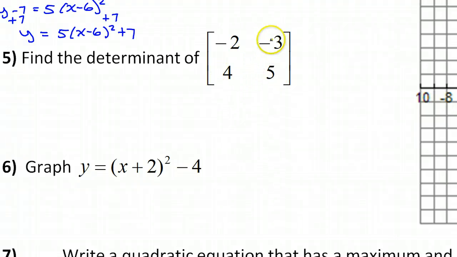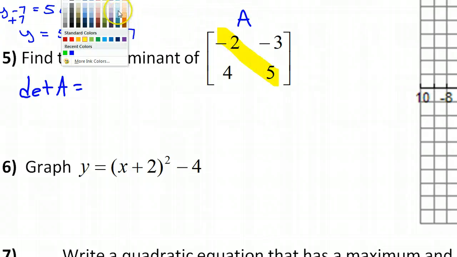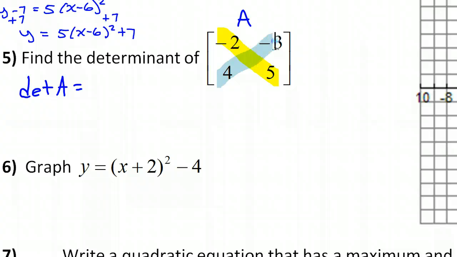So the determinant, let's call this matrix A. The determinant of matrix A is just going to be the down diagonal minus the up diagonal. So that's going to be negative 10 minus negative 12.